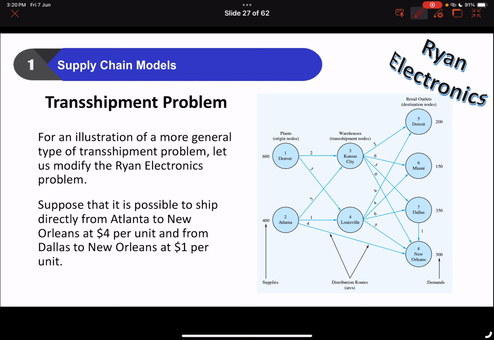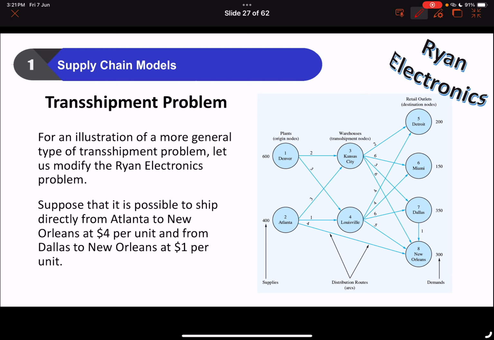Okay, so for an illustration of a more general type of transshipment problem, let us modify the Ryan Electronics problem. Now, suppose that it is possible to ship directly from Atlanta to New Orleans at $4 per unit and from Dallas to New Orleans at $1 per unit.